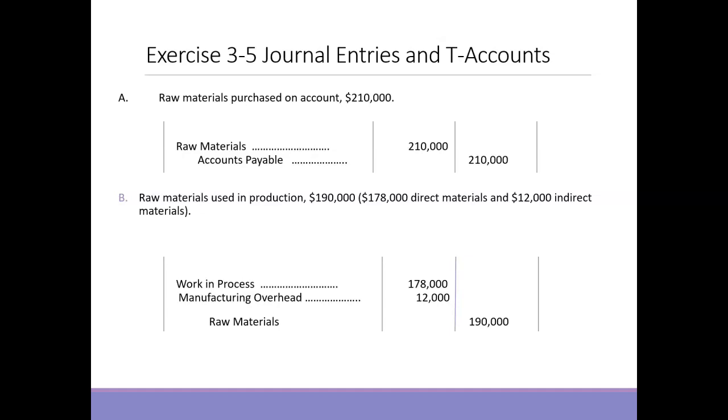So we'll know 178 was debited to work in process. 12,000 went right into manufacturing overhead, because remember that manufacturing overhead is a big grouping of all these costs we need to assign. And what got credited from that was raw materials. Okay?